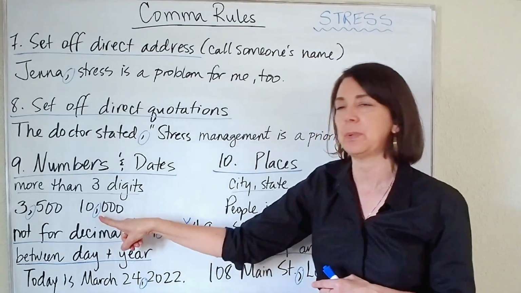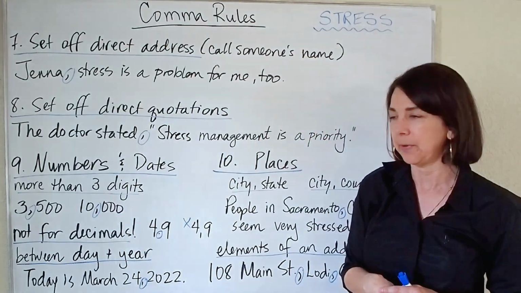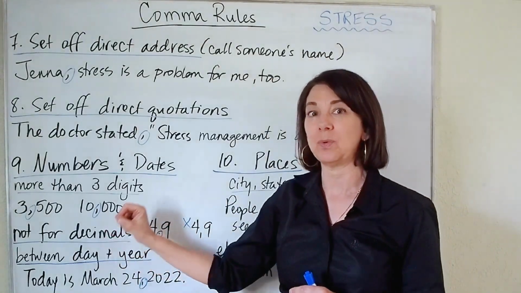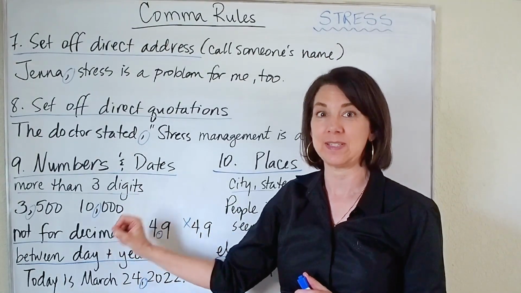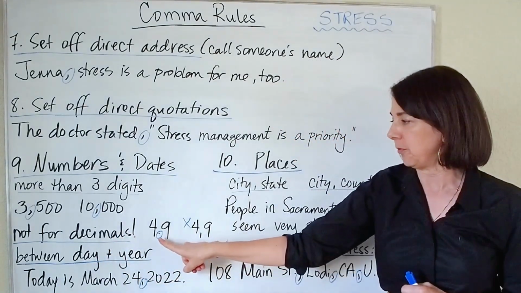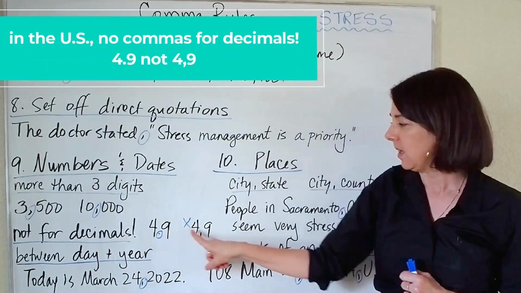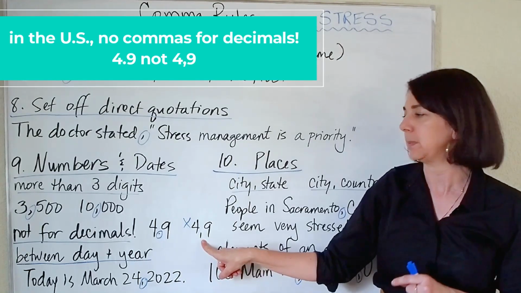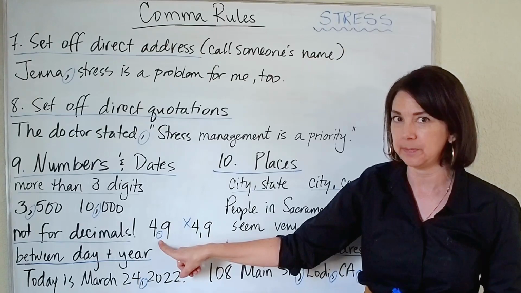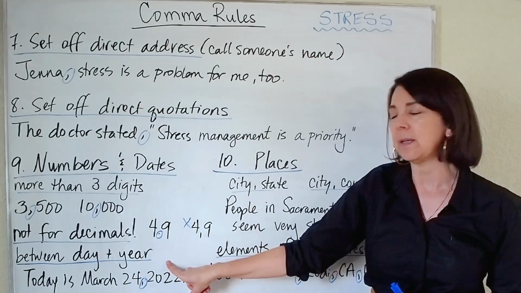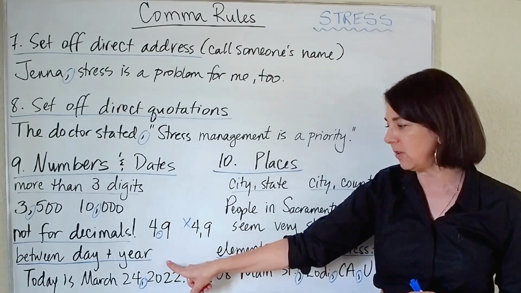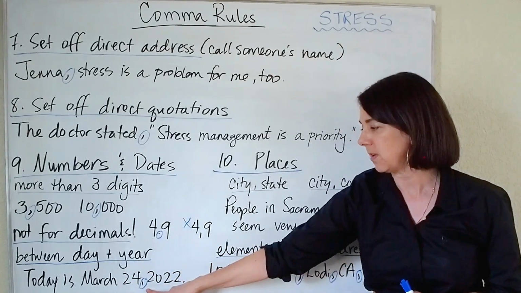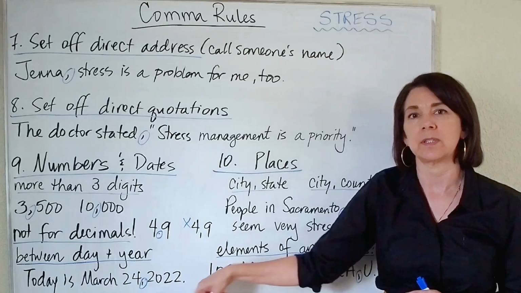But we always put it for any longer number. Be careful, because in the United States, we do not use a comma for decimals. For example, 4.9, we don't use a comma here. This is used in some other places, but in the US, we use the period. And finally, between the day and year, we're going to use a comma. For example, today is March 24th, 2022.